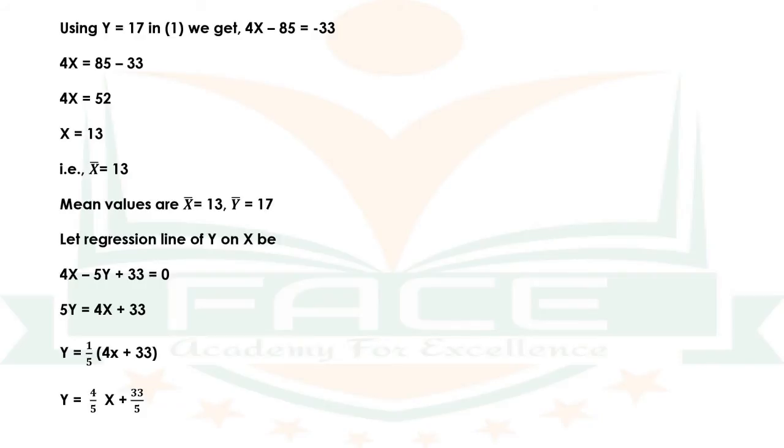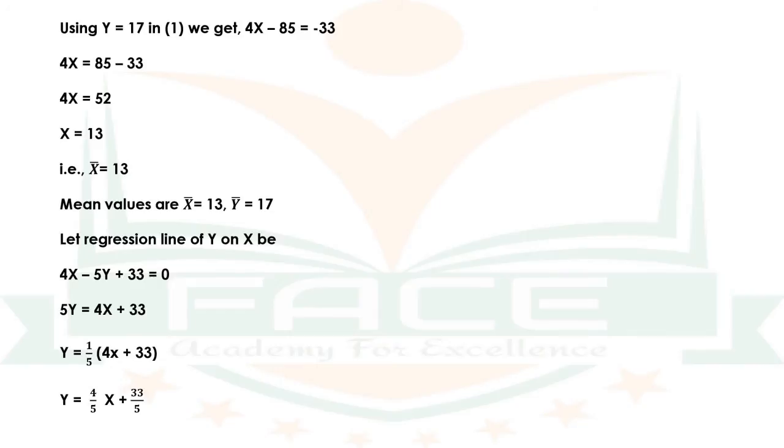Now let's see the regression lines. The regression line of y on x is 4x minus 5y plus 33 is equal to 0. We have to standardize that, since it is the regression line of y on x, we have to change it to the form y is equal to x beta plus u.